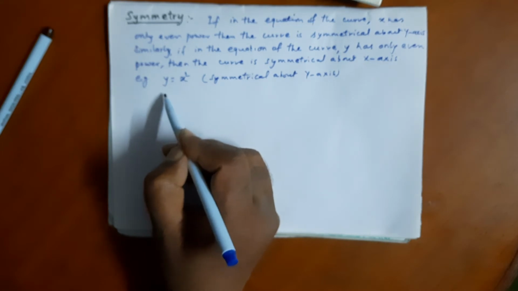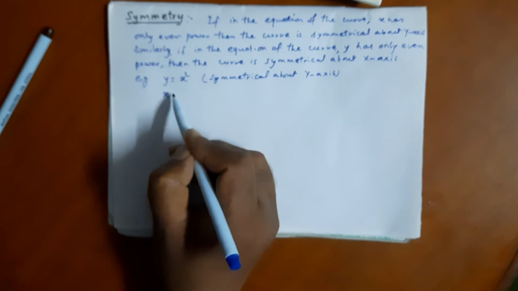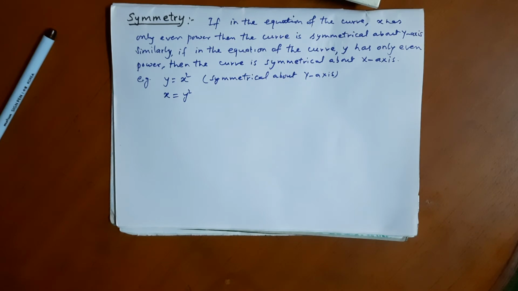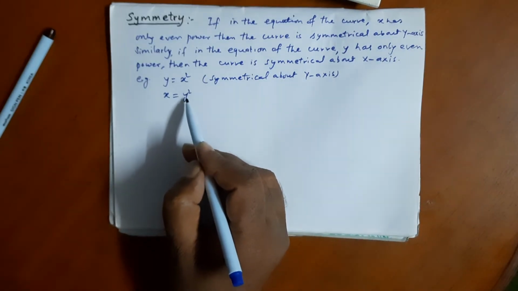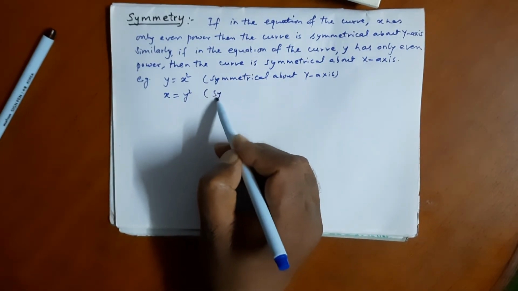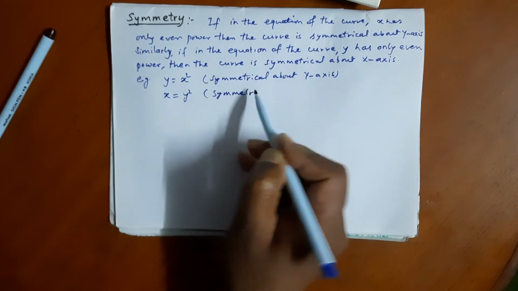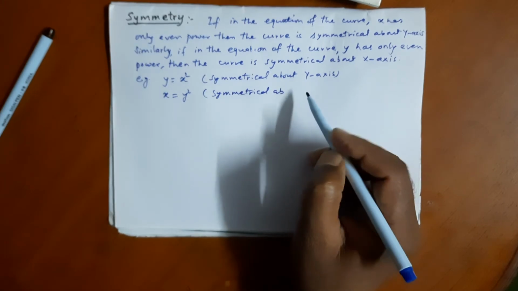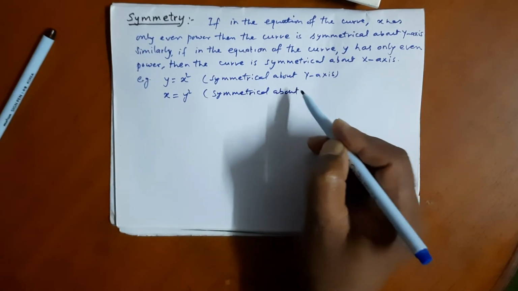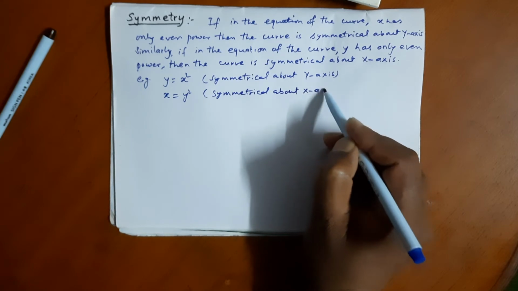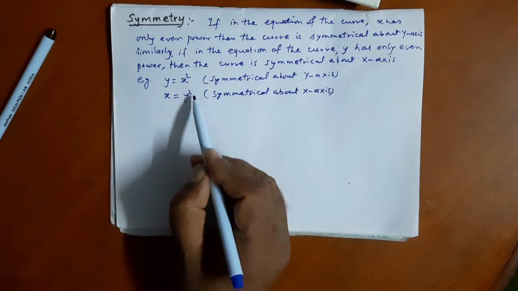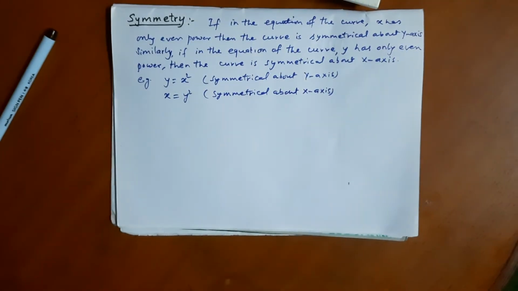Similarly, x equals y square. Okay, so y has only even power, so it is symmetrical about the x axis.